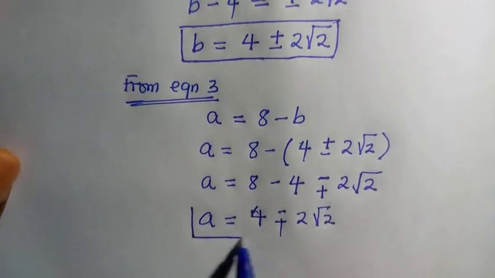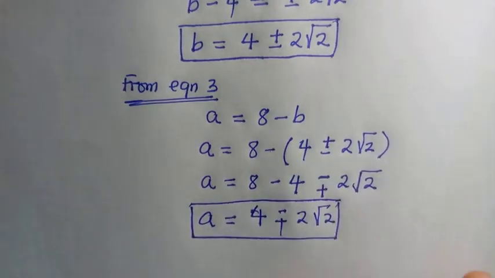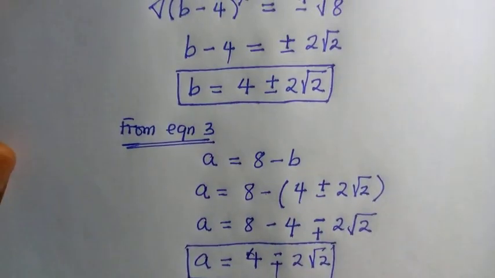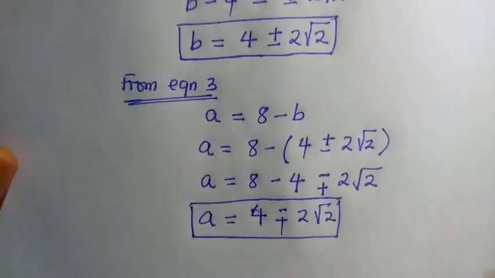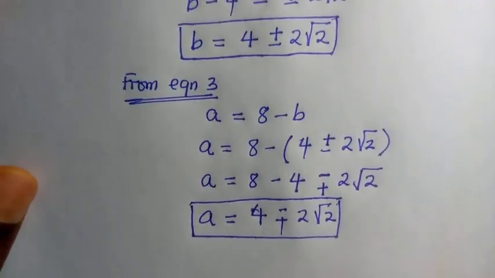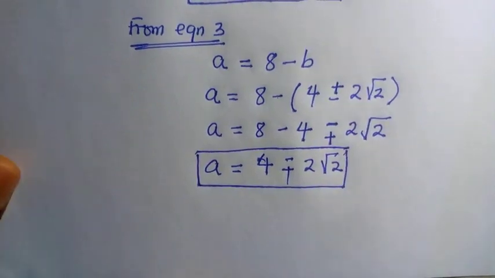We have this for the value of a, and in general, we know that when the value of b is 4 plus 2 root 2, the value of a will be 4 minus 2 root 2. So we write it as a coordinate.